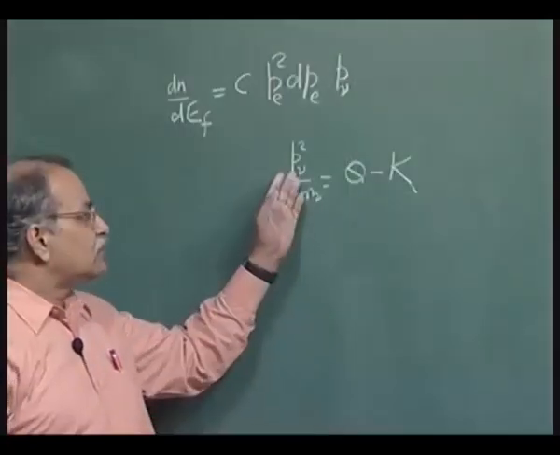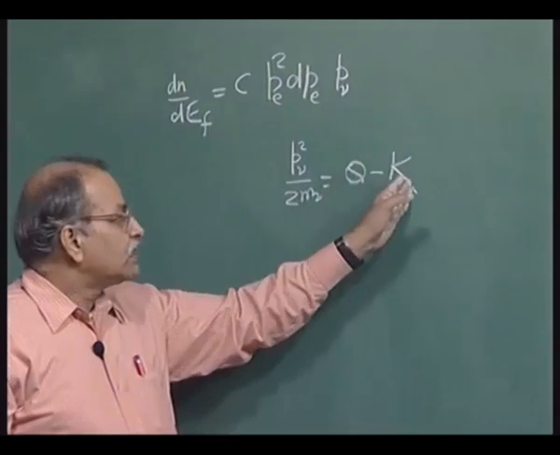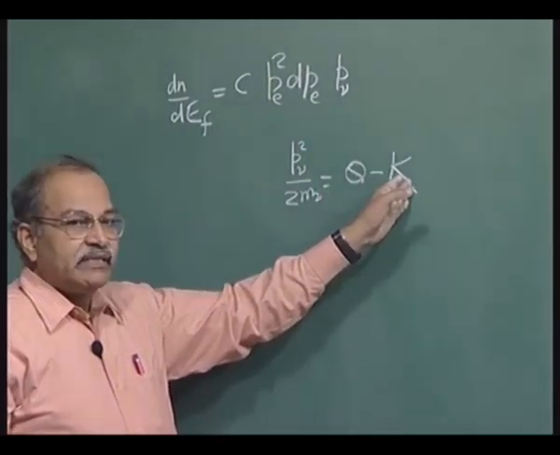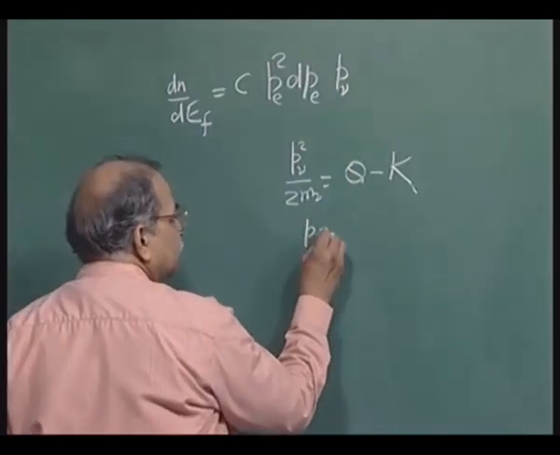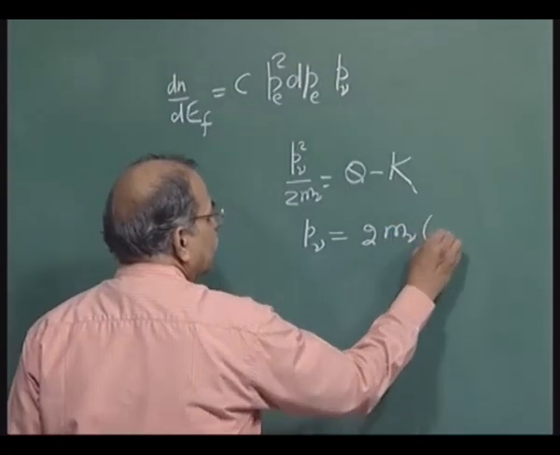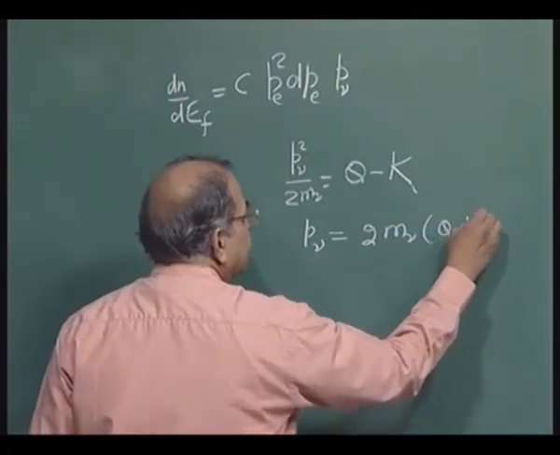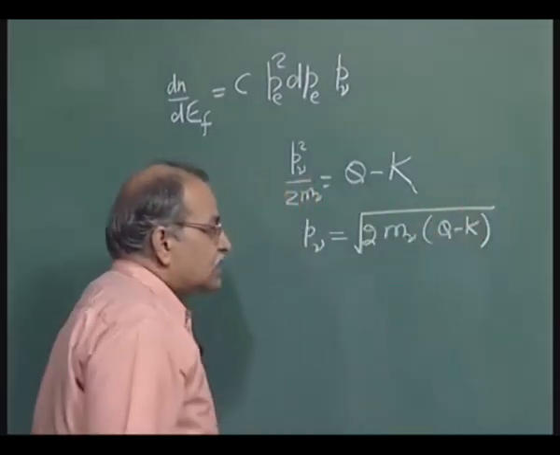Kinetic energy available to the neutrino is the total energy available minus the kinetic energy taken away by the electron. So, this is P_nu squared, so P_nu will be the square root of 2 m_nu times (Q minus K). So, this factor will appear.